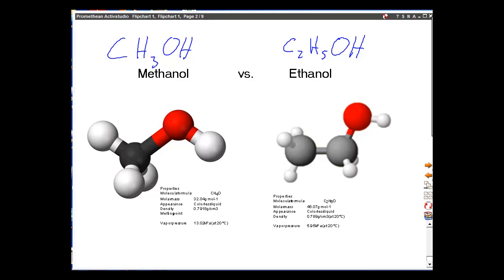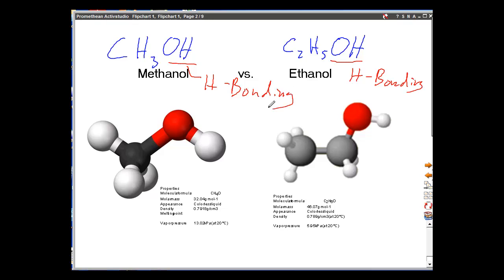Both of these have hydrogen bonding present. You have that hydrogen right there, OH, meaning it has hydrogen bonding. But also LDF, because they're both molecular.